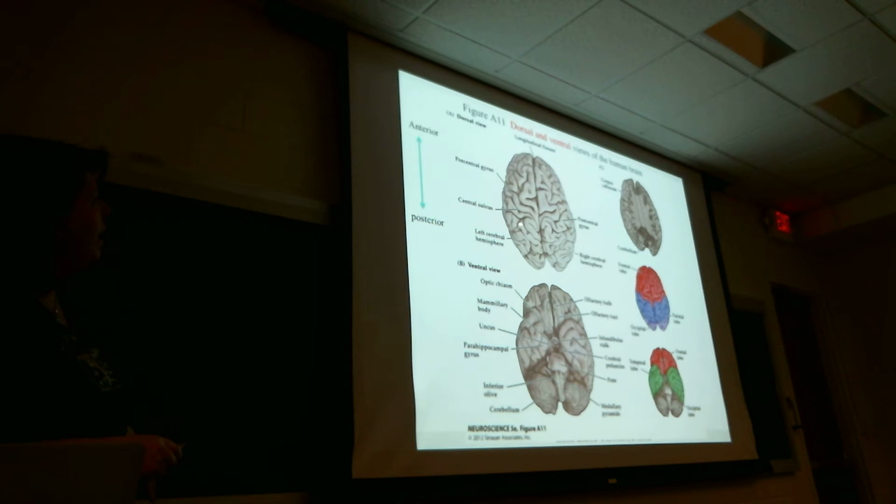If you scoop away the very top of the brain here, you'll reveal the corpus callosum. So that's an area of white matter that connects the left and the right hemispheres, sort of the superhighway of the cortical brain.